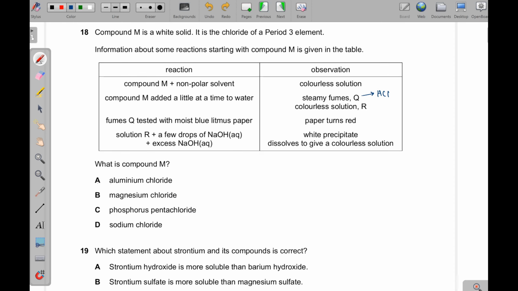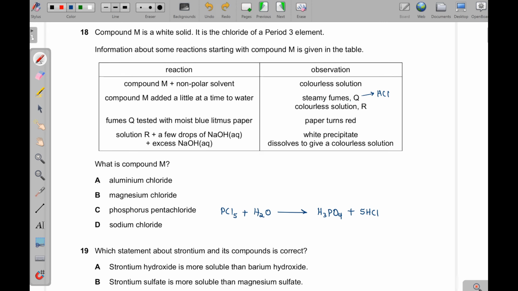When I add phosphorus pentachloride to water, we are going to get phosphoric acid, not so? So H3PO4 plus 5HCl. So these are the steamy white fumes; this one produces them.